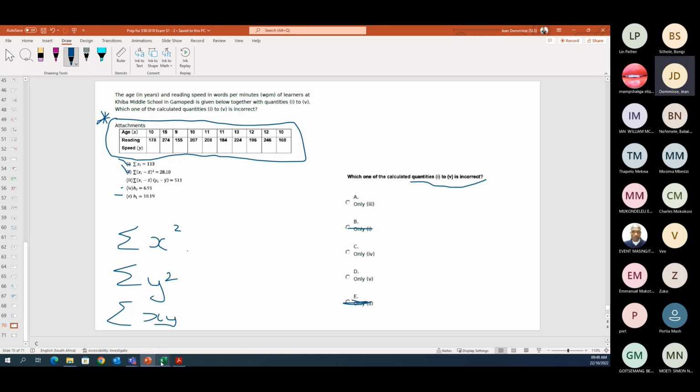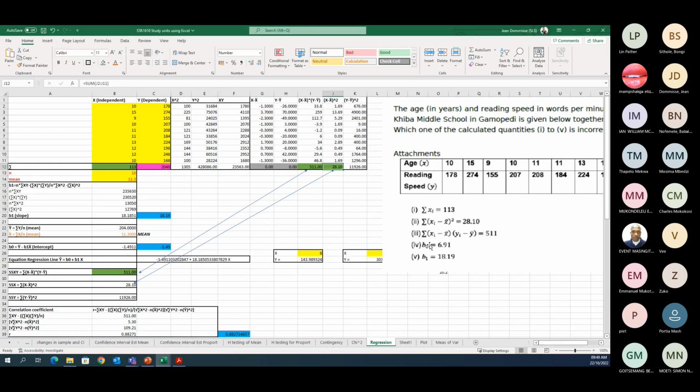Okay, then let's go to the third one. So xi minus x times yi minus y mean, here we've done the calculation, 511.